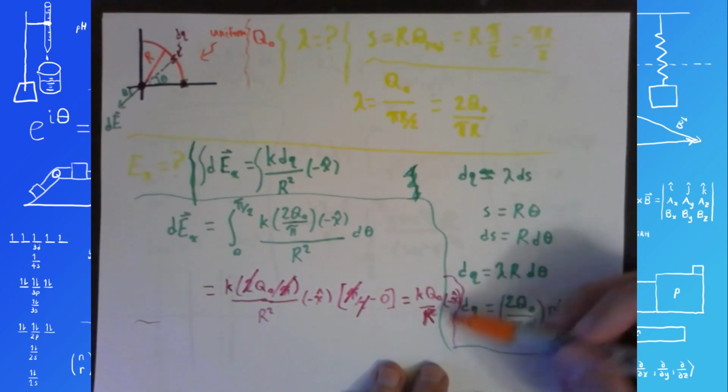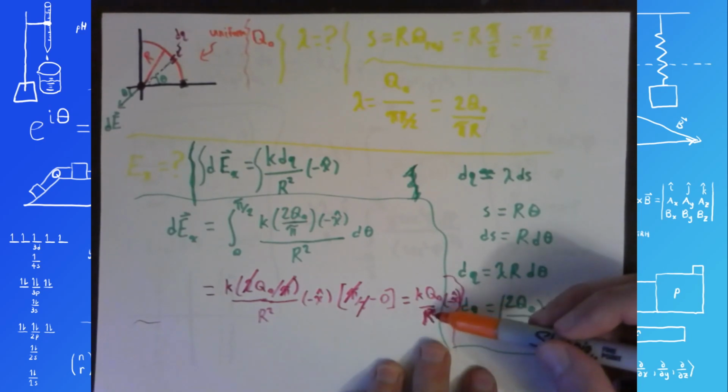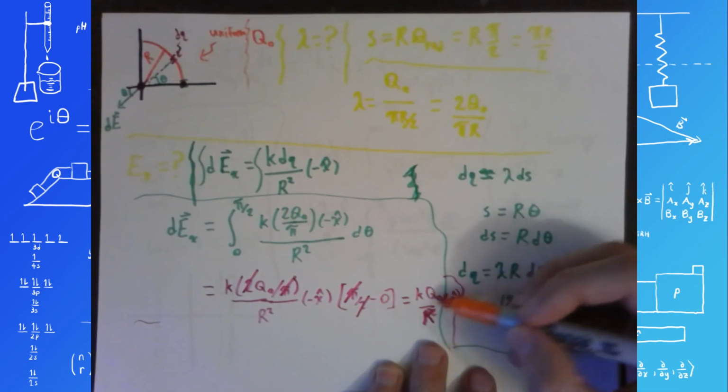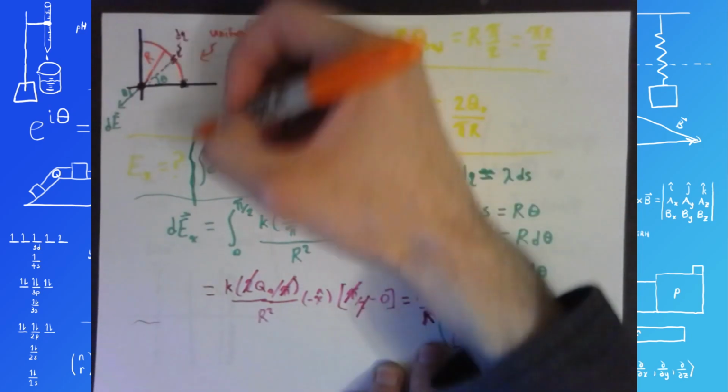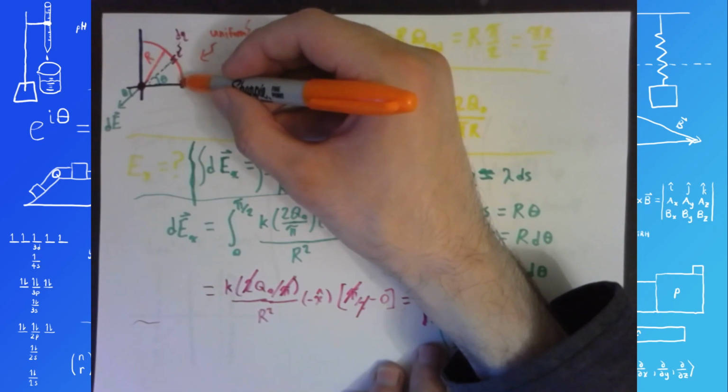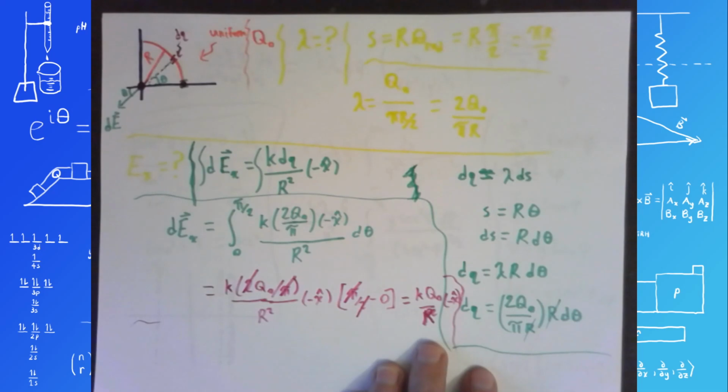Yeah, because this was surprising me because it felt like it was too much, considering that there's a total charge of q0 spread out across this whole arc. It didn't really make sense for it to have an x component equivalent to having all that charge just concentrated here. I knew something was off about that.